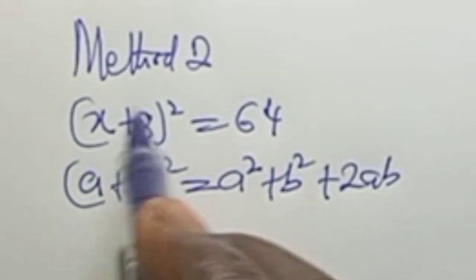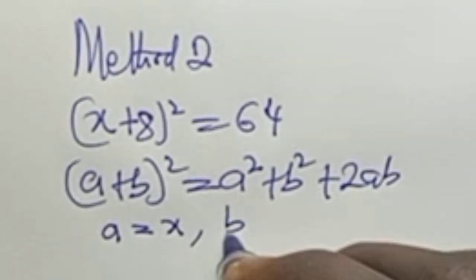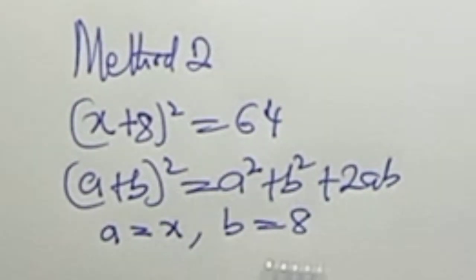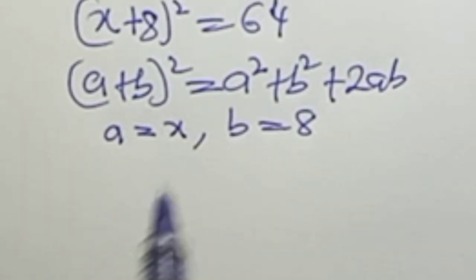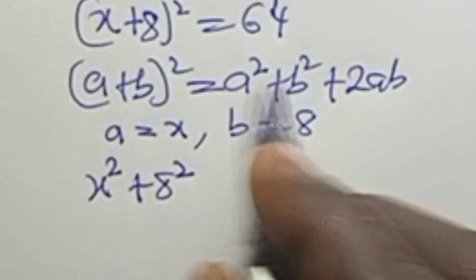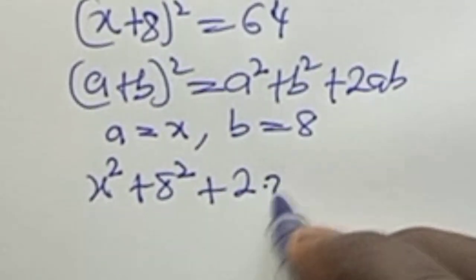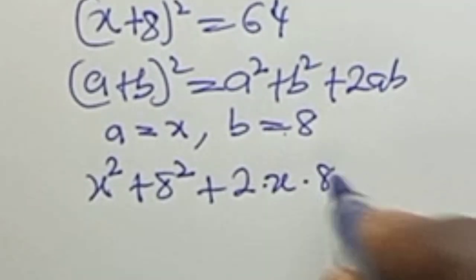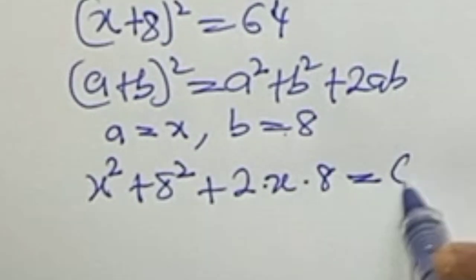So this part is in the form of this, where a is equal to x and b is 8. So if we agree on this, our equation will become x² plus 8² for this, plus 2 times x times 8, which is equal to 64.